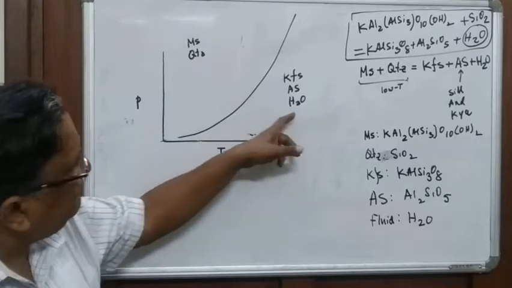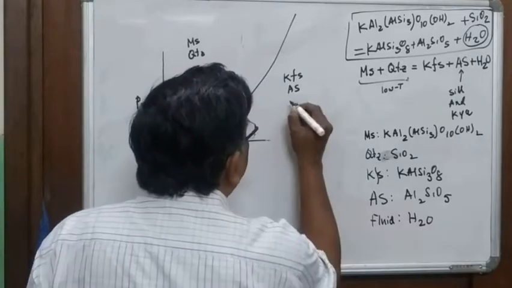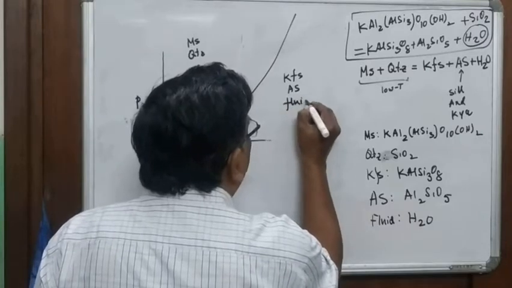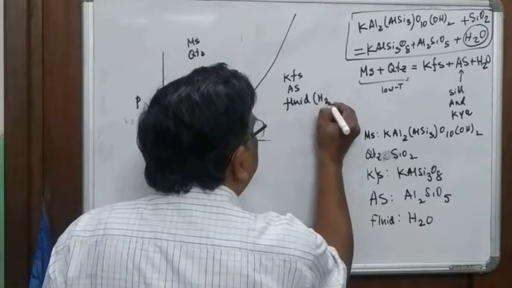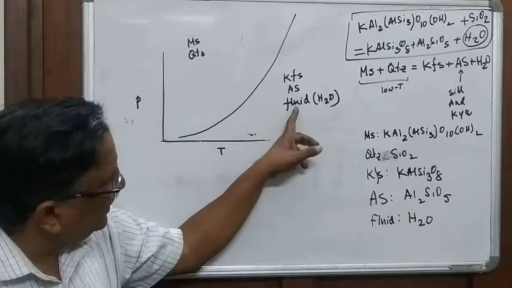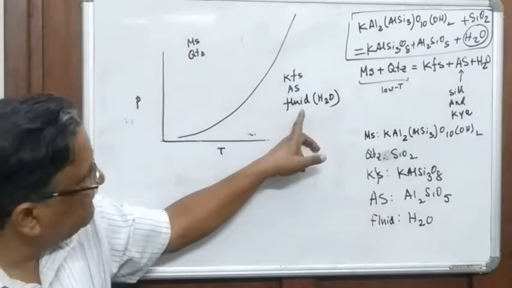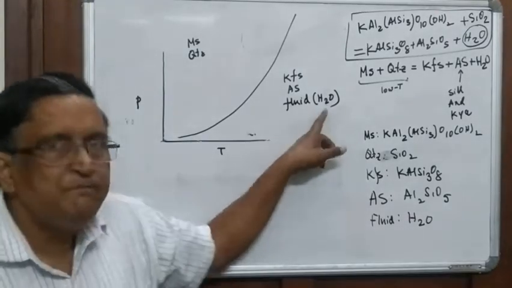Let us say the fluid. I think what I will do here is write fluid and then write H2O in it. Okay, so here fluid is the phase. We will talk about it in greater detail later on. Fluid is composed of H2O.